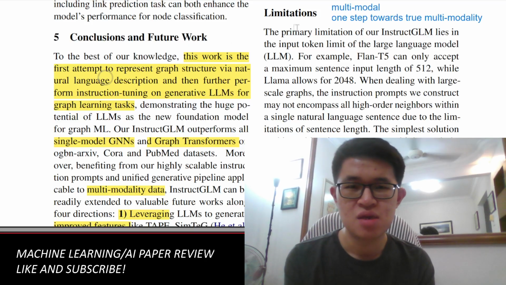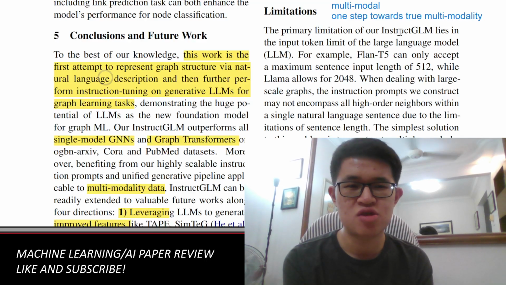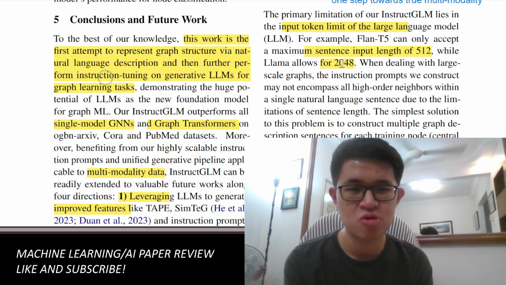So that is what it essentially is, but it comes with a few stated limitations. The primary limitation of their approach is the input token limit. I bet it's quite small. For example, 512, which is definitely very small. In some cases, Llama allows for 2K tokens.